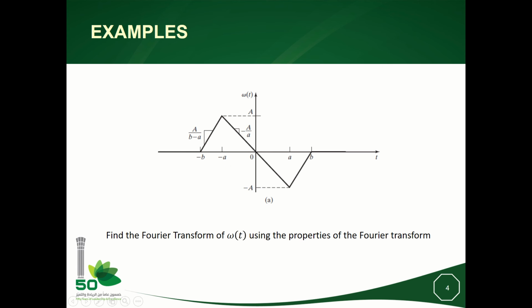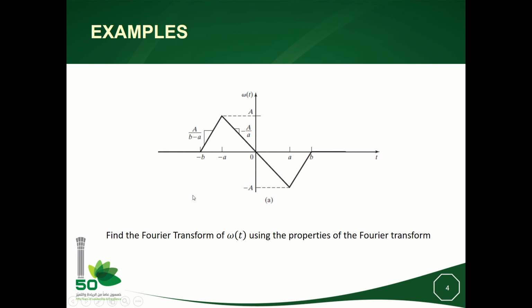I will now use the differentiation property to get the Fourier transform. If you start writing the Fourier transform from the definition, you will integrate functions in the form t exponential minus j omega t.